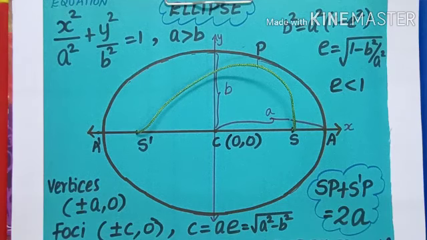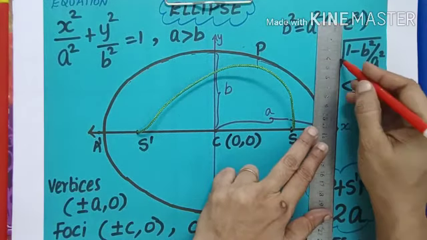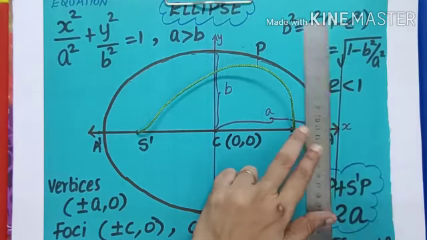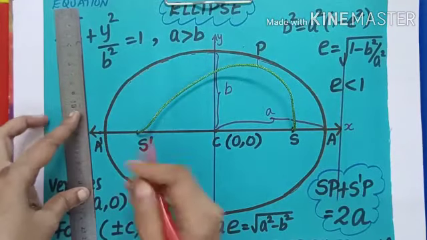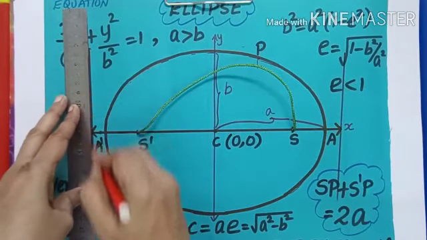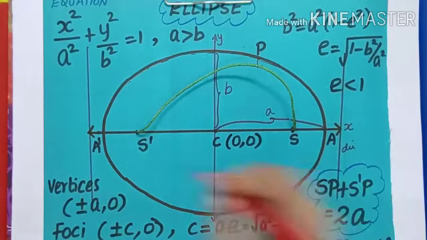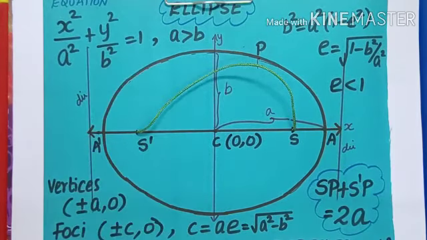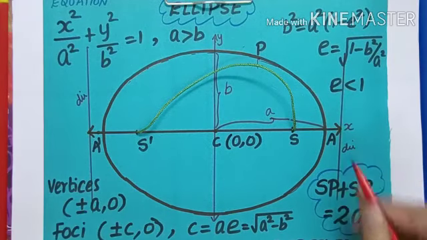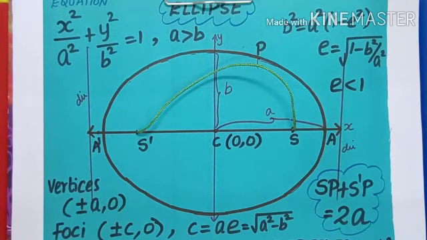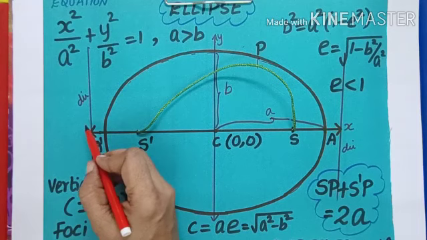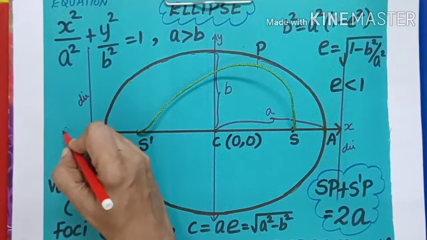Then we need to know what the two directrices are. Here I have a directrix and here I have a directrix, because there are two curves. For this directrix it is A by E, and for this directrix it is A by E with a negative symbol.